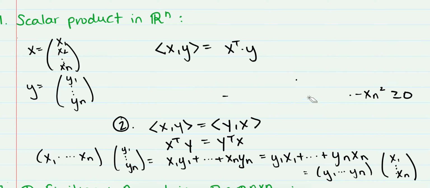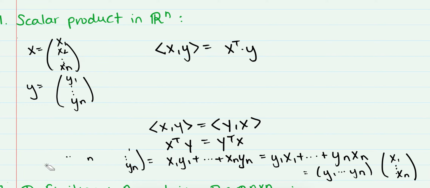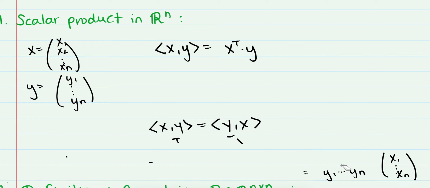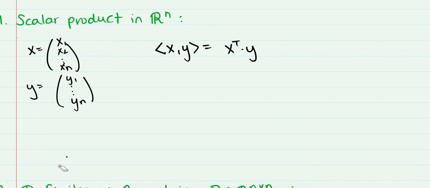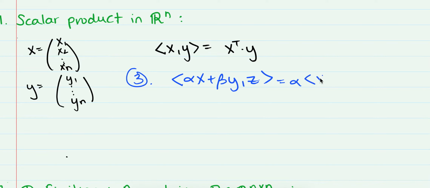The third property is that the inner product is linear, and we can check that as well. That actually shouldn't be hard to check. You just want to check that the inner product of alpha x plus beta y with z is alpha times the inner product of x with z plus beta times the inner product of y with z.